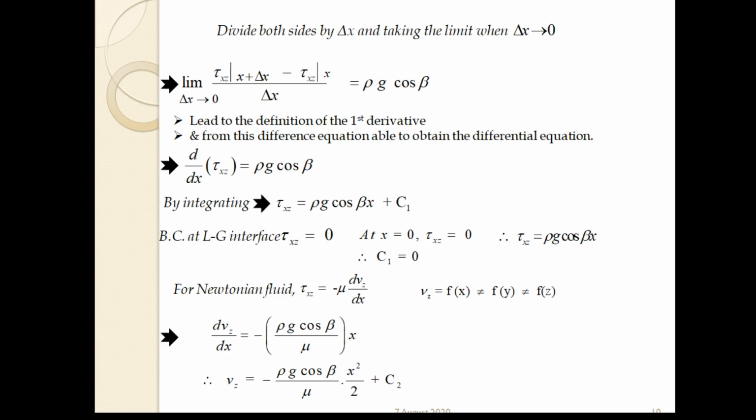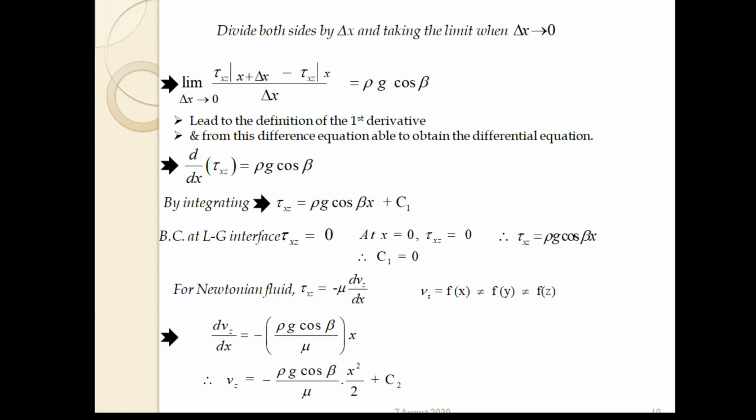At x equals 0, the shear stress tau xz will be 0. Therefore c1 will be 0. So we found that tau xz equals rho g cos beta x.